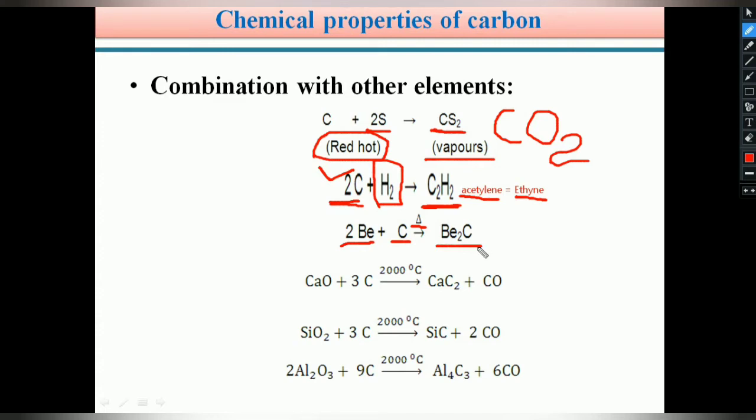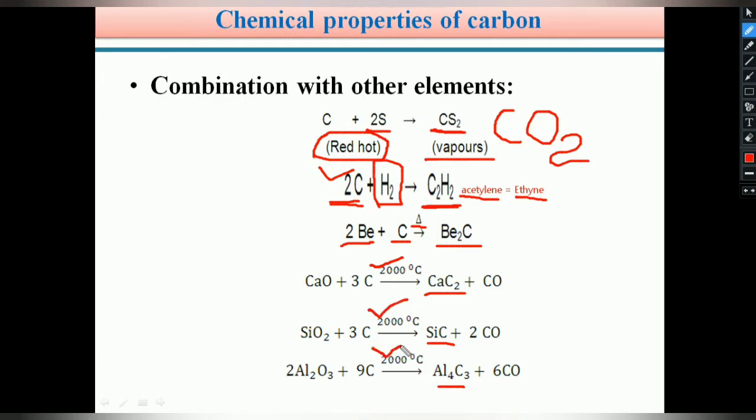Similarly, carbon also reacts with some metal oxides and forms the corresponding carbides. These are all carbides: beryllium carbide, calcium carbide, silicon carbide, Al4C3, aluminum carbide. All these carbides are formed by treating metal oxides with carbon at high temperature. See students, 2000 degrees centigrade, very high temperature.